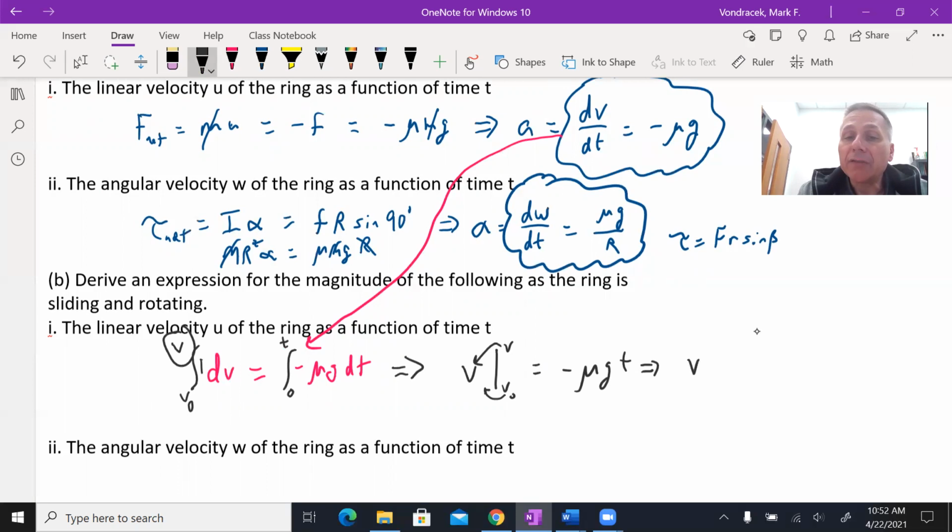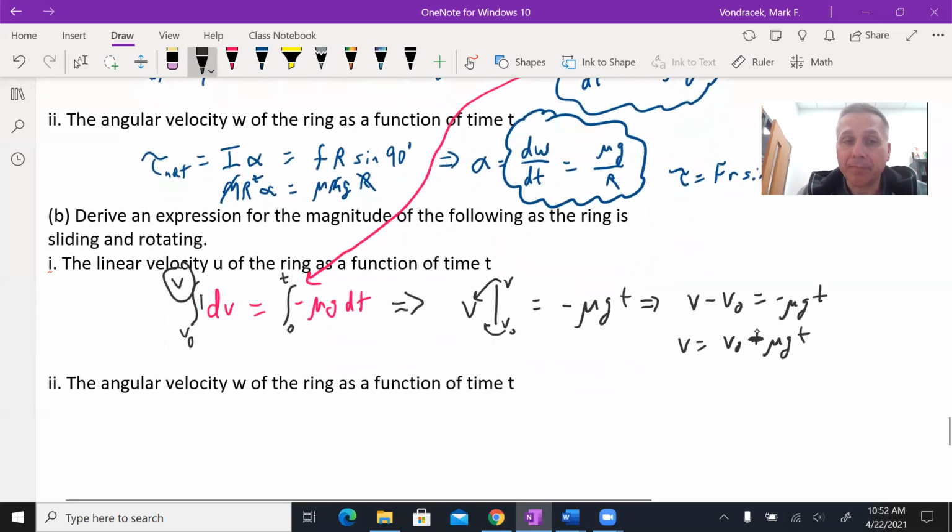We have our final velocity minus the initial velocity is equal to that term. And so v final is the initial minus mu g multiplied by the time. Because for the linear motion, that's the drag, that rubbing that you have since it's slipping, and that's going to slow you down a little bit.